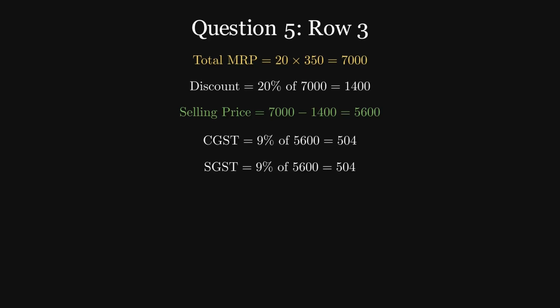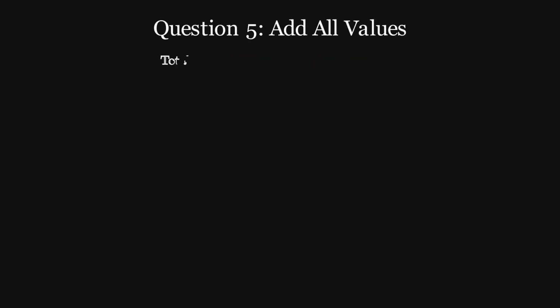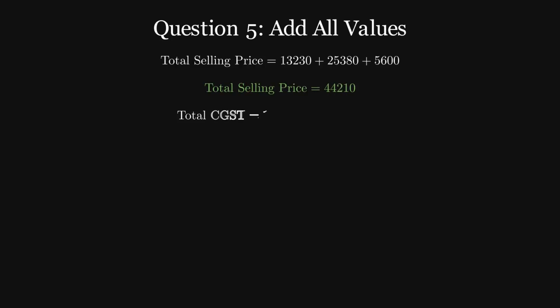Now add all the selling prices. So total selling price is 44,210. Total CGST is rupees 3,978.9. Total SGST is also rupees 3,978.9.